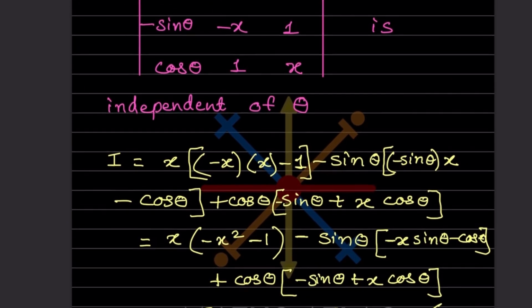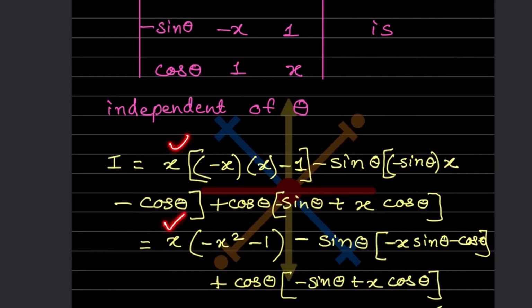So now this is done. What will we do? This we will keep as it is, outside the bracket. Now let us solve the inside bracket. So this is going to be minus x square minus 1. This will be as it is. Now I rearrange this: x into sine theta minus cos theta as it is, and put it here. And same over here, all the same first.